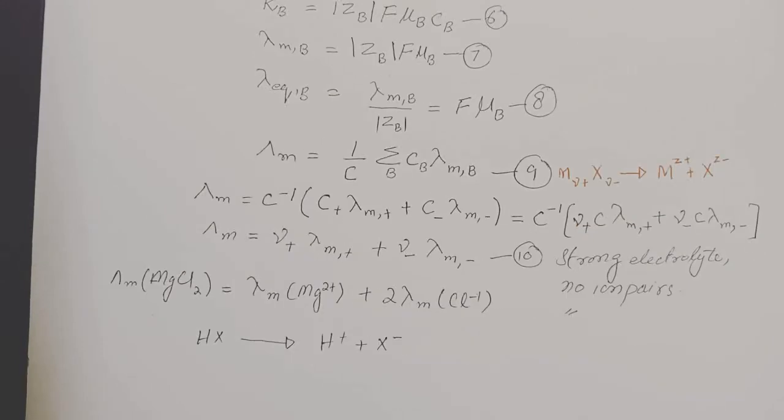Now consider an example of a weak acid which is partially dissociated into the ionic species, and for this kind of acid the degree of dissociation is given as alpha.